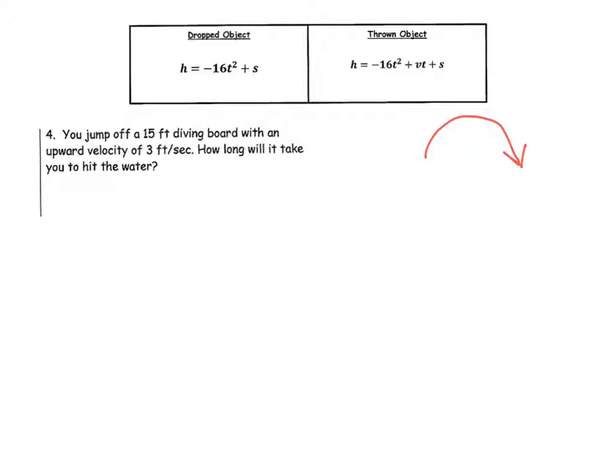V is velocity. How fast am I going? Here we go. 0 equals negative 16t squared plus 3 feet per second plus 15. And we solve it out. Okay? Now it starts with a negative 16 squared. Factoring is kind of out of the question.